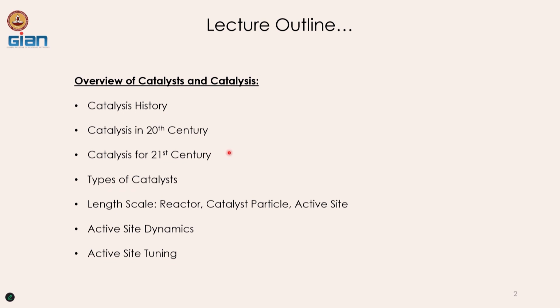Then we will go over a little bit on the classification of catalysts, and we will talk about the length scales of the reactor, the catalyst particles, as well as the active sites. And finally, we will go over a brief idea about the dynamics of the active site, which is going to be the major part of this full course, and then talk about the tuning of the active sites, how we can tune the active site to improve the catalytic activity as well as the selectivity towards the desired product formation.